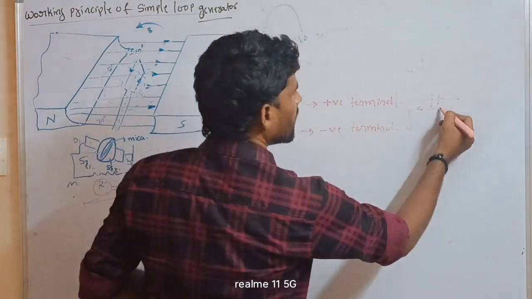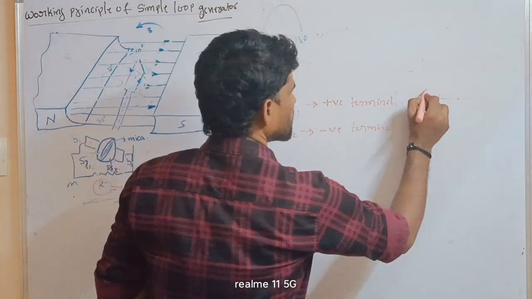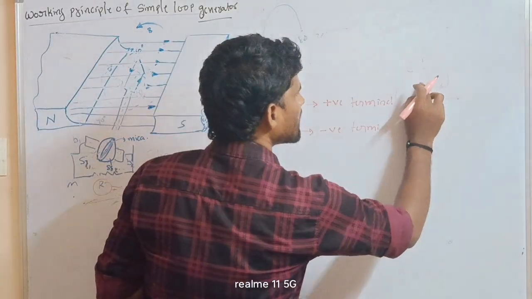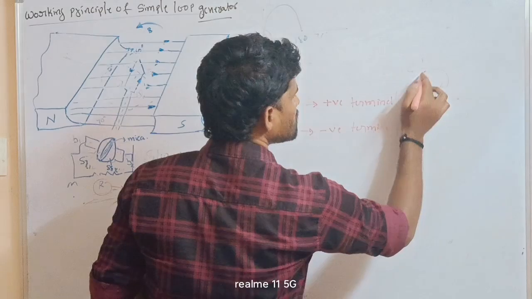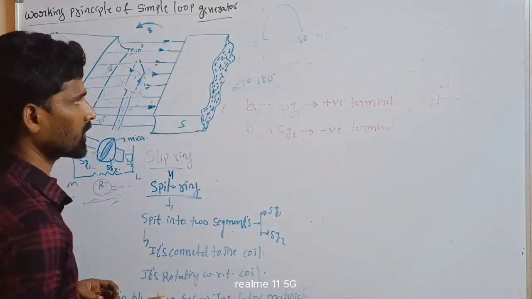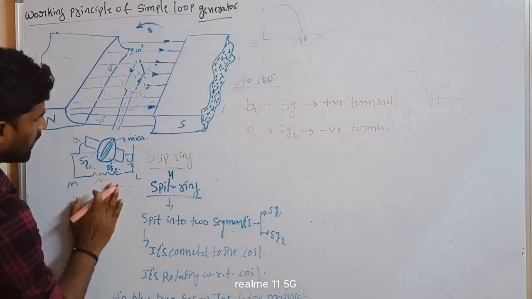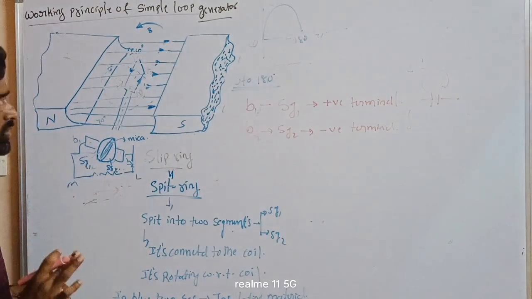The current flows from negative to positive. So in this case, the current in the loop flows internally from negative to positive, and externally from positive to negative. So the external direction is positive to negative. Here the current direction is positive to negative, in the M to L direction only.